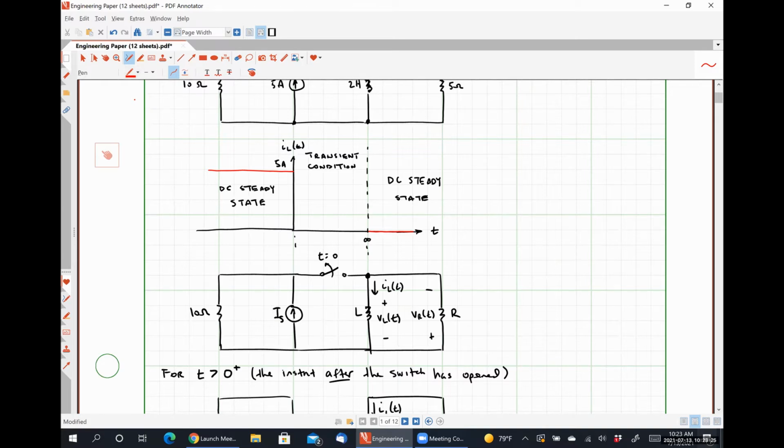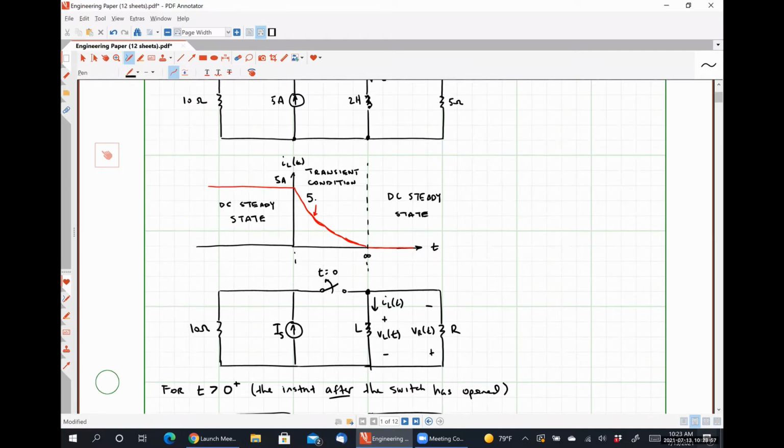We know now that during the transient condition, we expect to see that our inductor current will decay exponentially. Where it will have a value of its current at t is equal to 0 minus, which we know to be 5 amps.